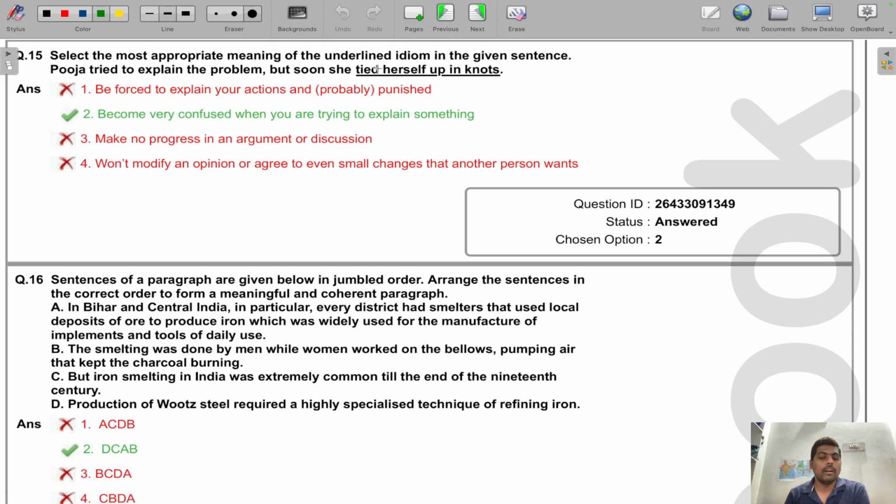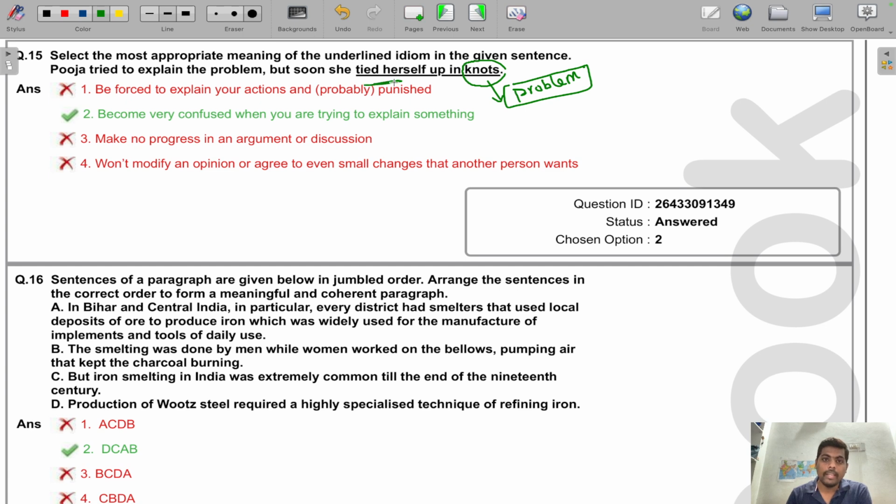They are asking what is the meaning of the underlined idiom, guys. Tied herself in knots. Actually, if the word not comes in your idiom, it is mostly something related to a problem, guys. Just remember this one.